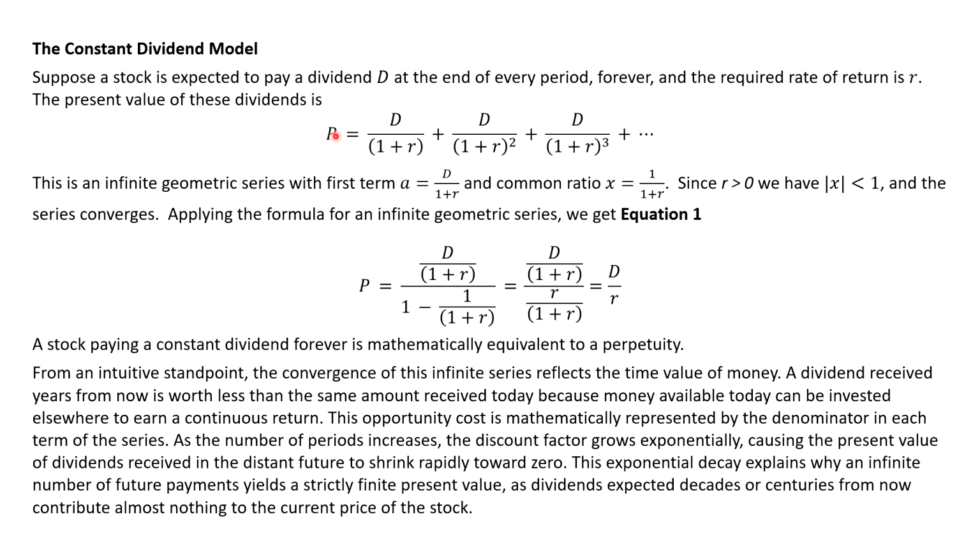Maybe I should have called this PV instead of P, because it's not the actual value of the stock. So if you do this computation and the present value given your computation is 100 and the stock is selling for $150, then it doesn't make sense given your expectations to go ahead and buy it.